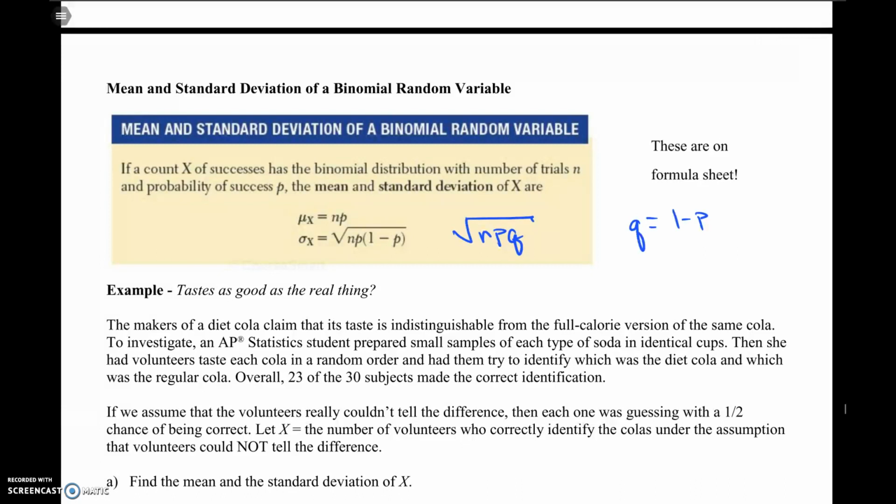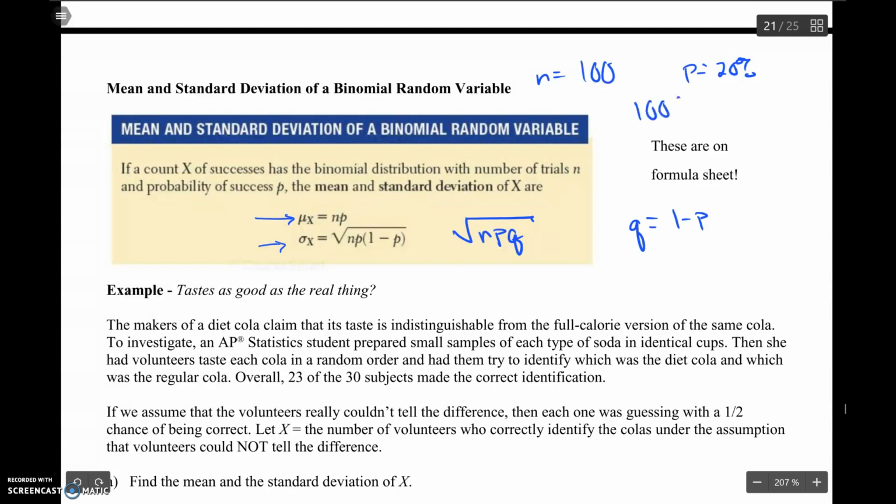Now, in class, I like to prove that, I like to justify both of these. This one's actually pretty straightforward. If you take 100 shots playing basketball, and the probability that you make a shot is 20%, then how many shots would you expect to make? That's not a stretch. You're going to take 20% of 100, say 20 shots.